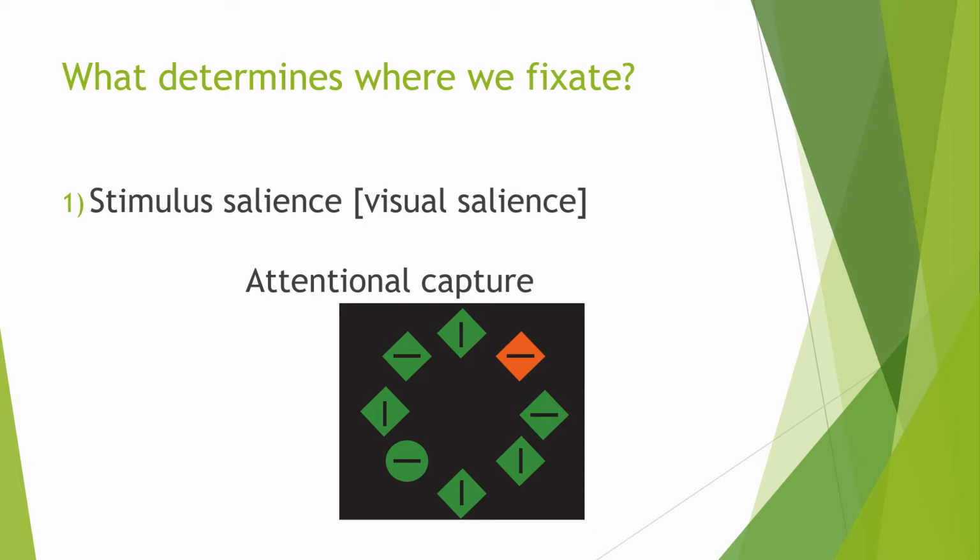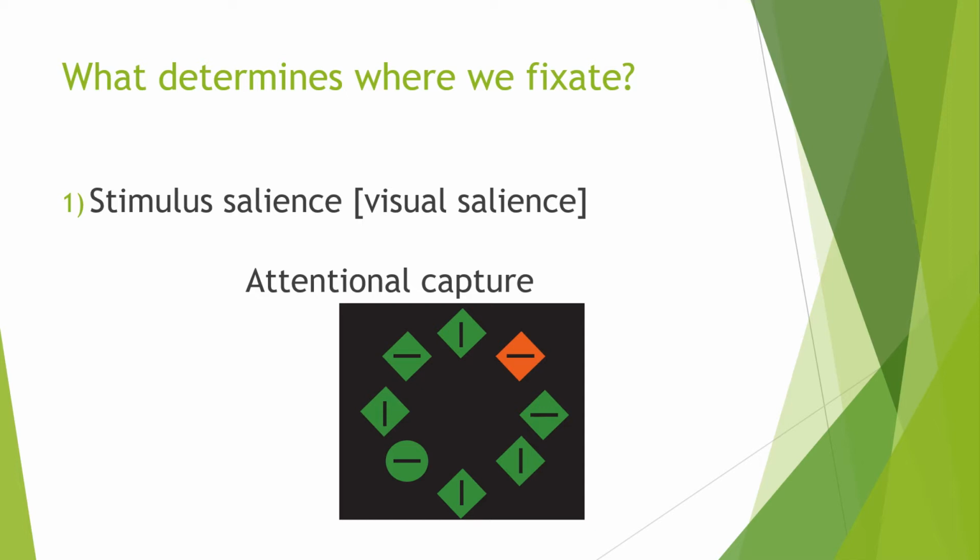So for a lot of us, we might have had our attention pulled over to that red square because of the contrast and the brightness of red. Red is a very salient color. And so, as you can imagine, if that had been a green square instead of a red square, participants were faster to say horizontal, in this case, that the orientation of the line in the green circle is horizontal.